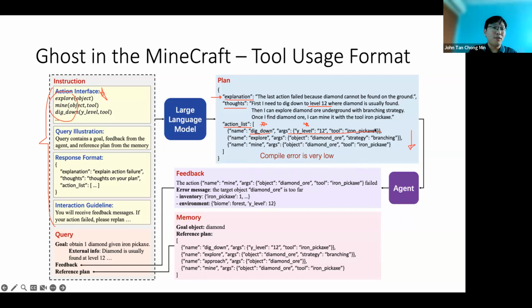So if you have all this in place, the chance of you missing a semicolon, doing an extra for loop, or forgetting to terminate your loop is very low, because you have abstracted your code into a higher-level space. So I like this tool usage format. I put it here because I think this is the way to go if you can do something like that.